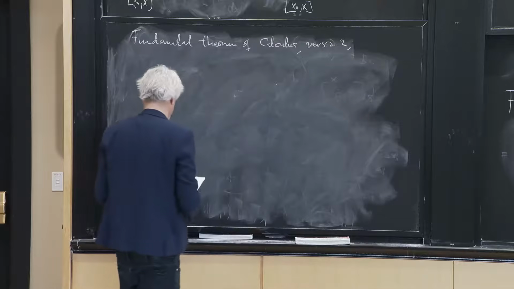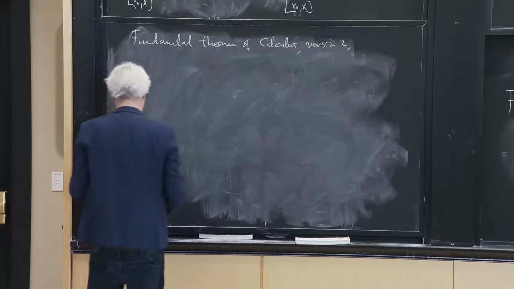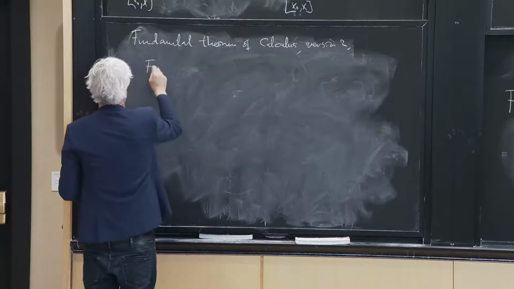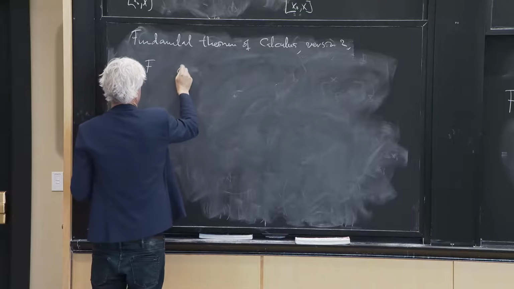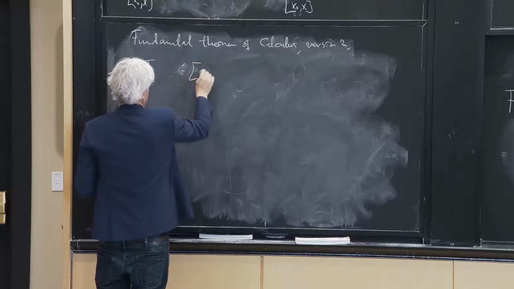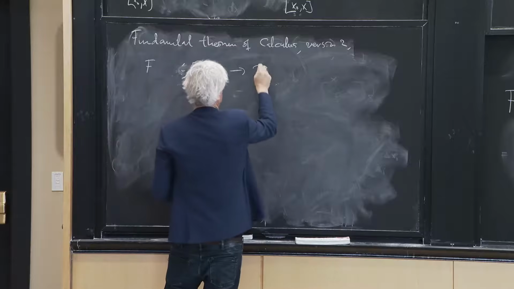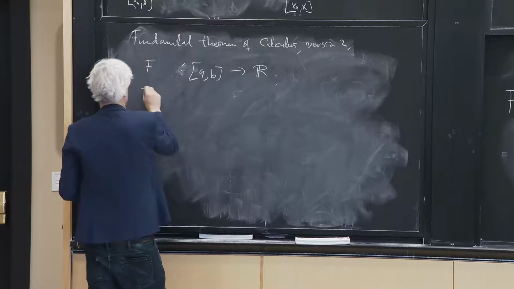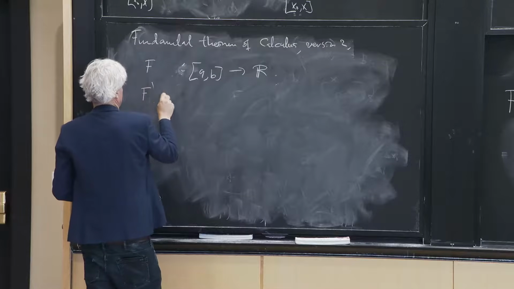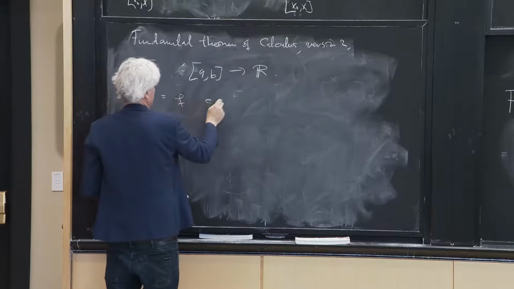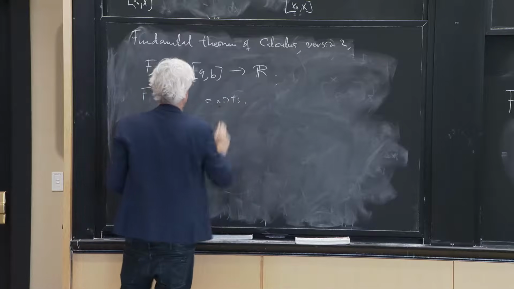And so this is the following: you take a function capital F that is defined on some interval from a to b into R, and capital F is differentiable. So this here exists. It's differentiable at each point.